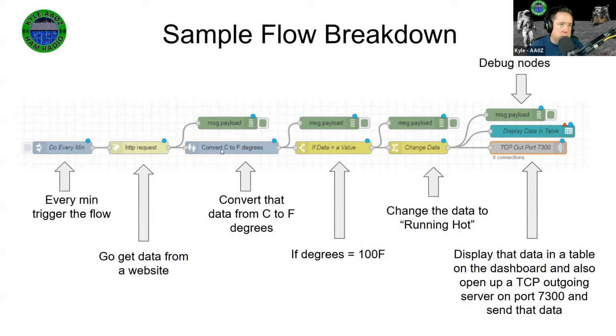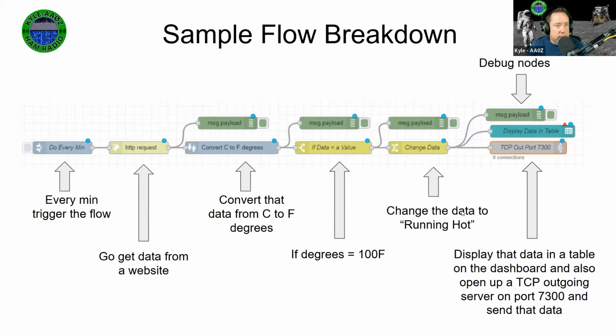This is a node that you can download that converts a value from Celsius to Fahrenheit. And then it comes out of this. Let's say it's 100 degrees Fahrenheit. Then we say if data equals a value, so let's say if degrees equals 100 degrees Fahrenheit, we're going to change the payload that we're passing along that node.